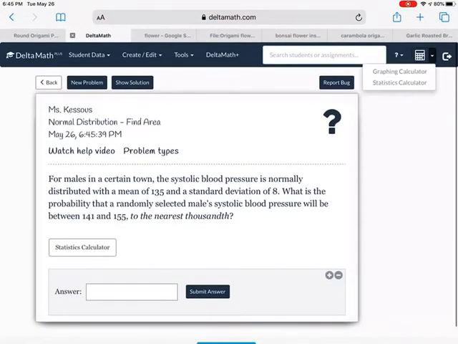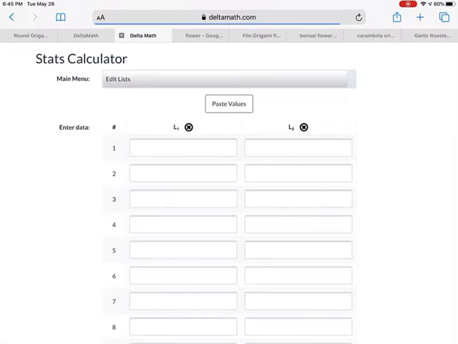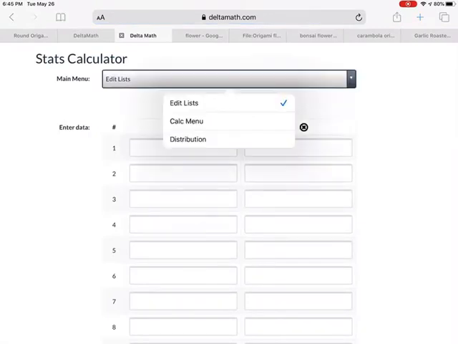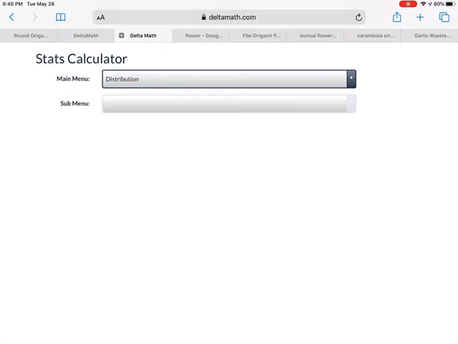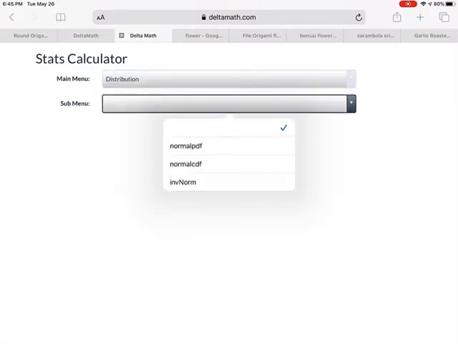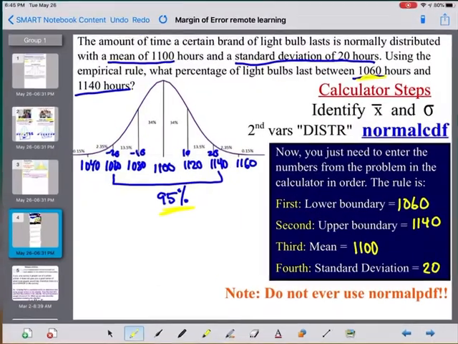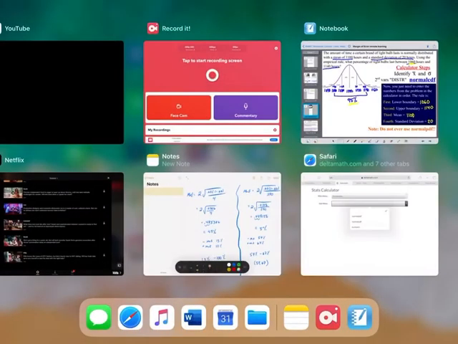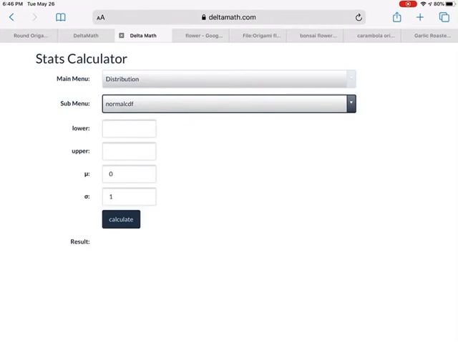So on the top, you're going to choose the calculator and you're going to choose statistics calculator. Okay, we don't need to enter any data right now because we don't have it. We're just doing distribution. So that was like the second VARS. We're going to choose, like I said, we're always using, remember, normal CDF. Okay, so we choose normal CDF.